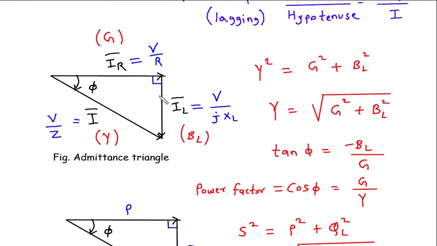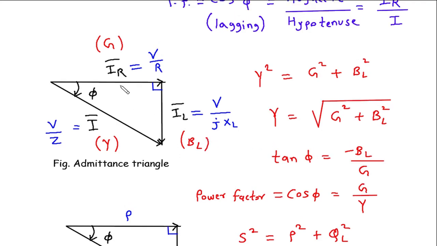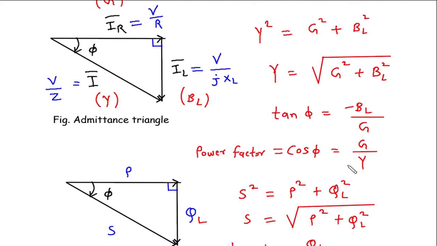So here opposite is BL. Again this BL, or inductive susceptance, is in the direction of y axis in downward direction, so this will be minus. Adjacent side is G, that is conductance. Therefore tan phi is equal to minus BL by G.